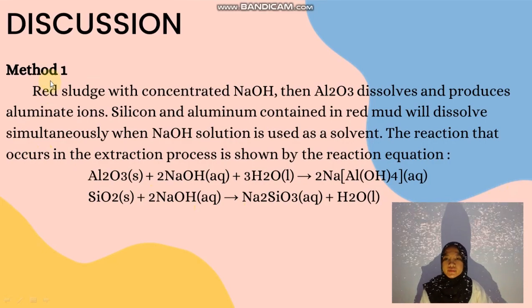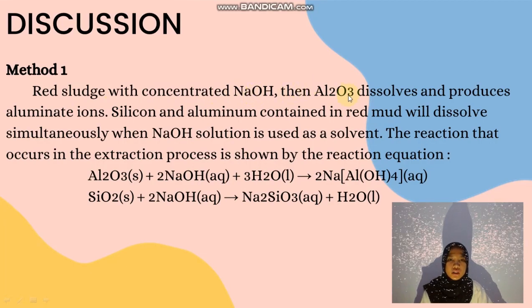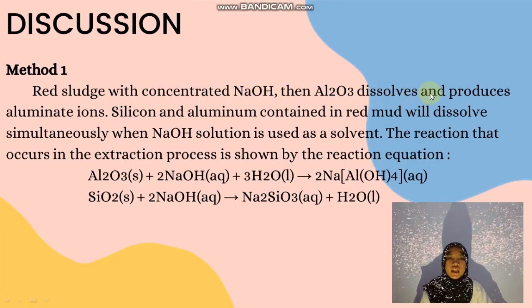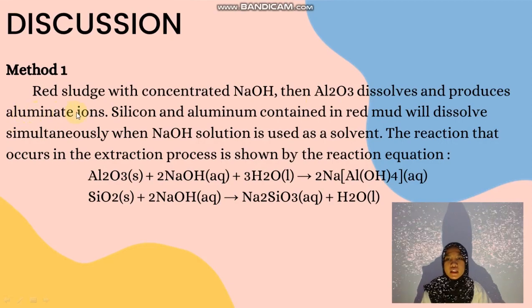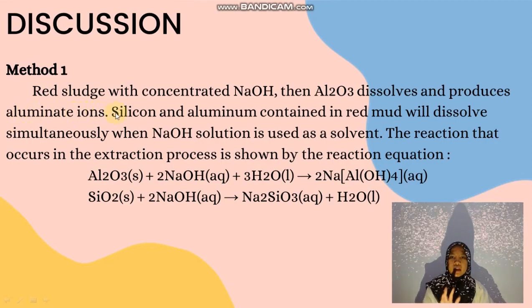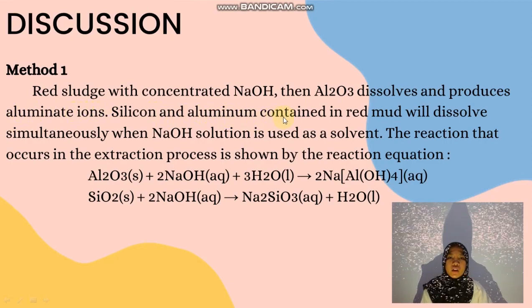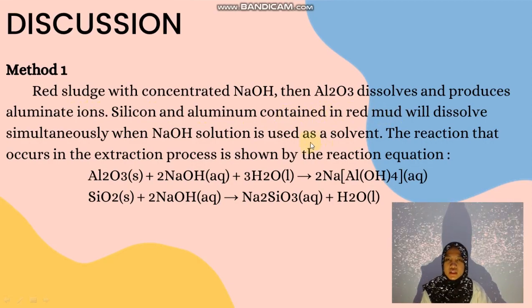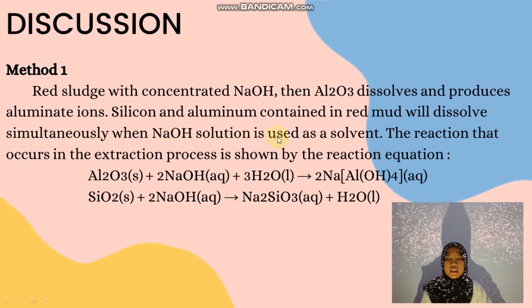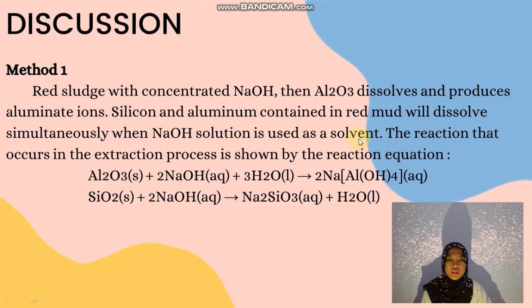Method 1. Red sludge with concentrated NaOH, then Al2O3 dissolves and produces aluminate ions. Silicon and aluminum contained in red mud will dissolve simultaneously when NaOH solution is used as a solvent.